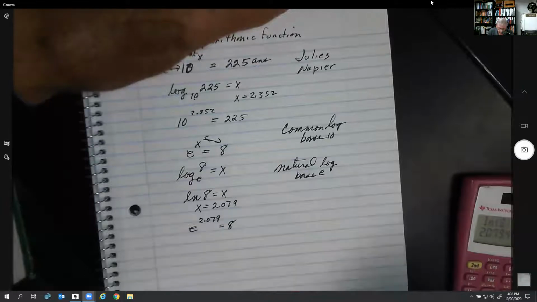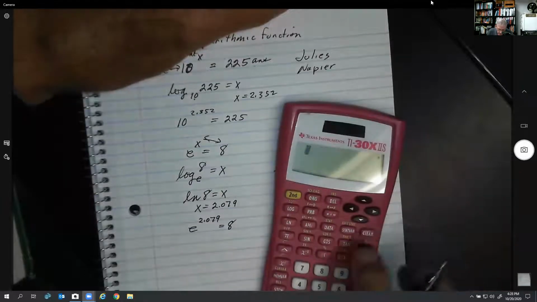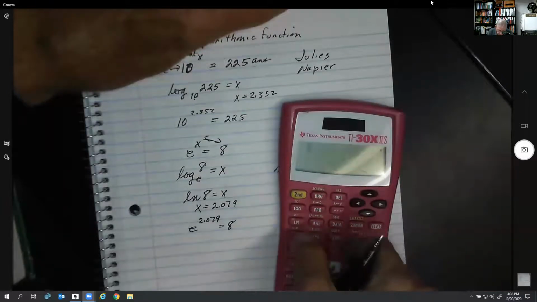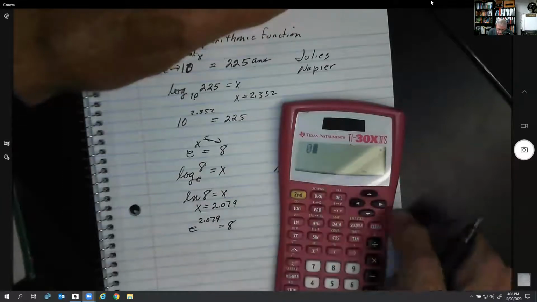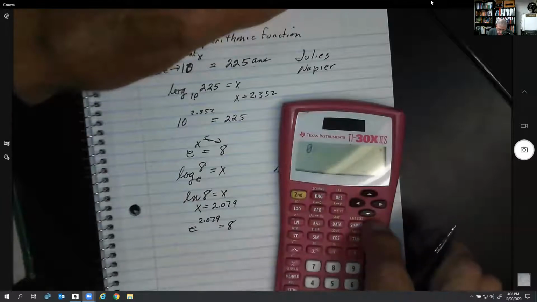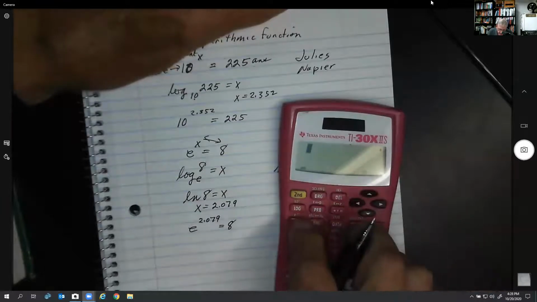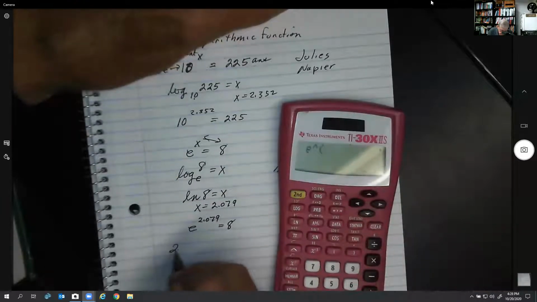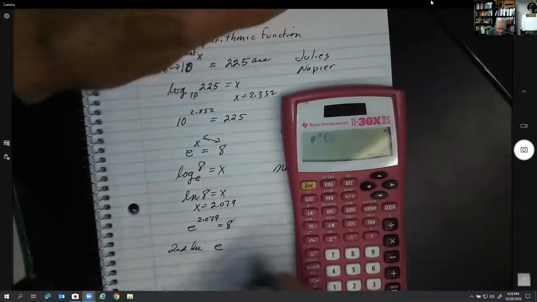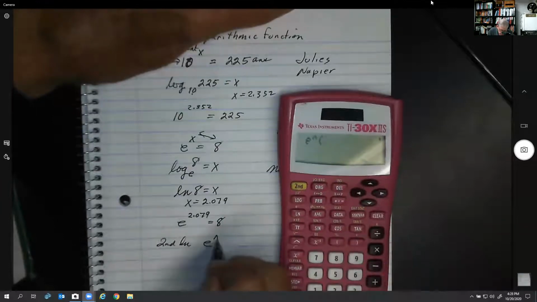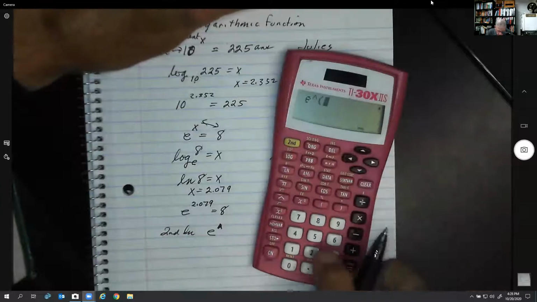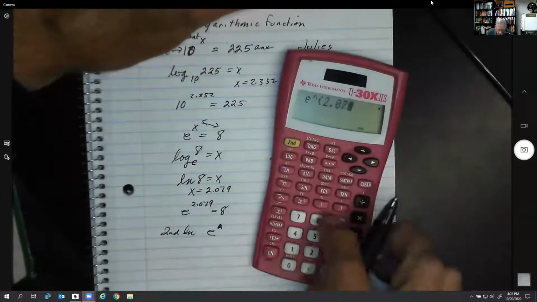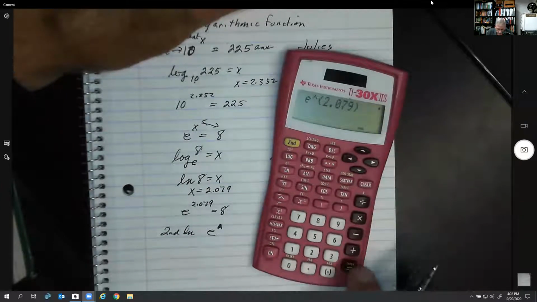How do we verify that? To verify that, we're going to have the LN key, but we're going to have to hit second, clear this out, second LN. Second LN will give me e raised to. And we want to raise this to the 2.079 approximately power.